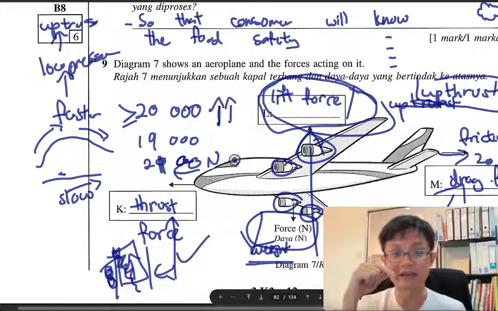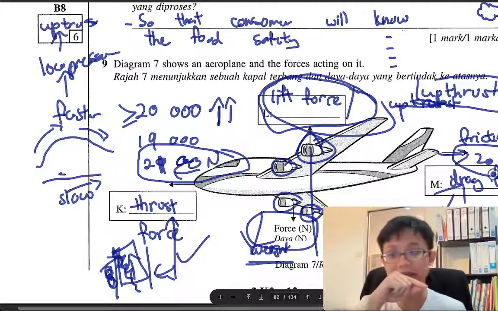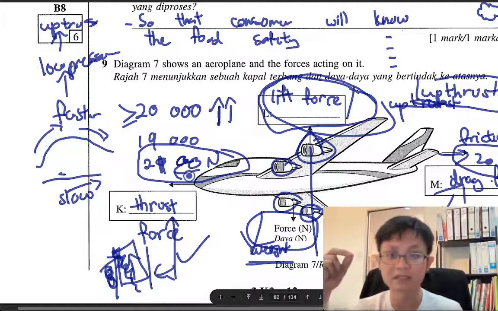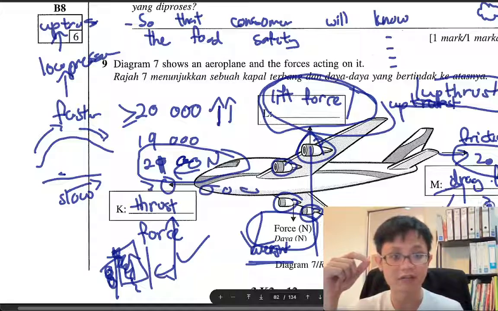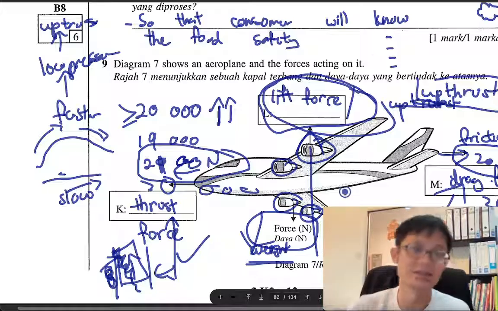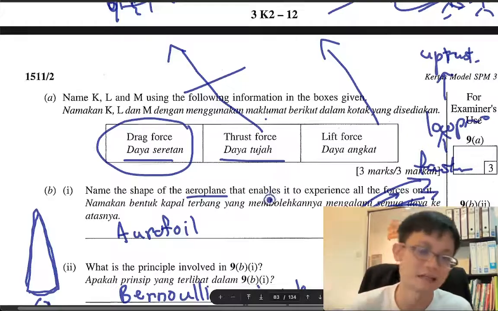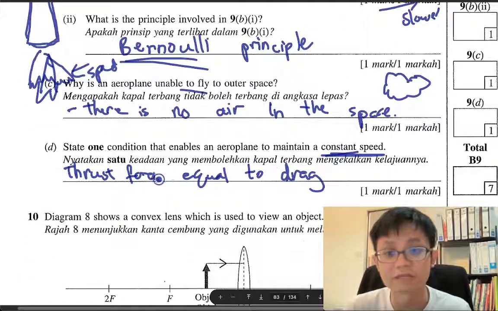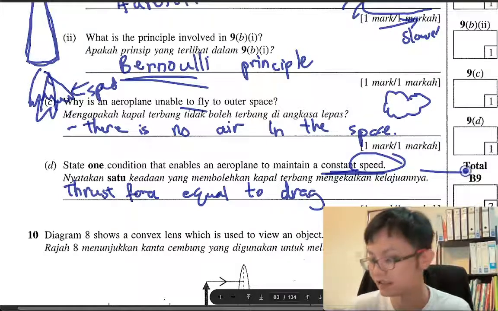If it is constant like this, 21,000 forward and 20,000 behind, there will be a constant acceleration. But if it is the same, 20,000 Newton forward with 20,000 Newton behind, it will be a constant speed. But never mind, I don't think the exam will ask, but I hope you understand. Who knows, one day the question may come. So there is a difference between constant speed and constant acceleration.